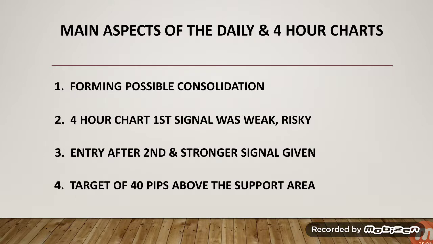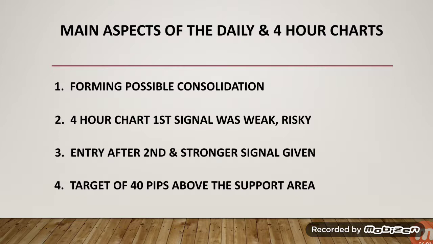So basically that's the setup and the justification for this trade on the Canadian Swiss franc. Essentially what we're trading is the possible formation of a range consolidation setup on both the daily chart and the 4-hour chart. And so what was needed was for the market to provide us with a signal to start the downtrend. The 4-hour chart did provide us with an initial signal, but this was too weak to justify trading the movement.